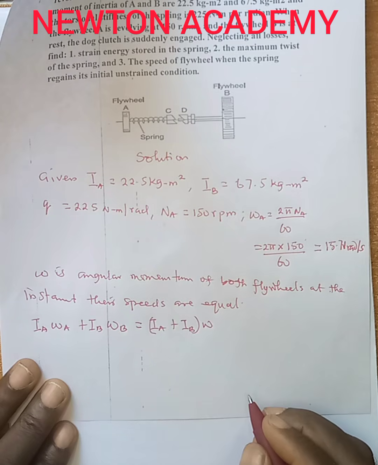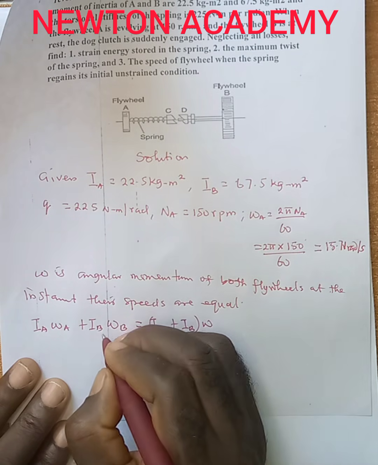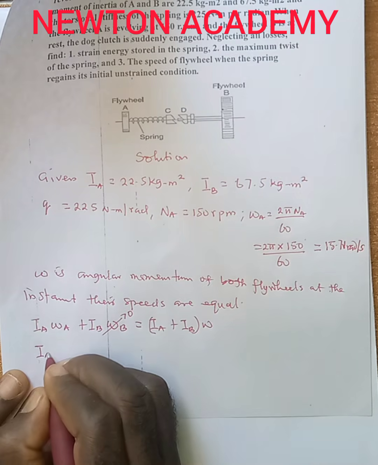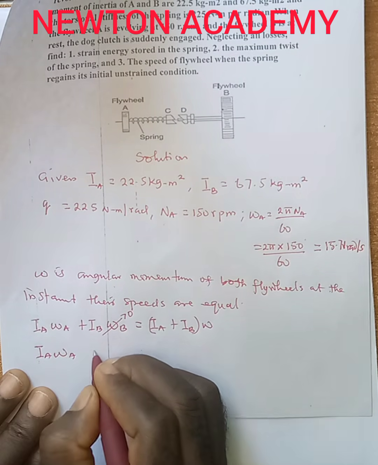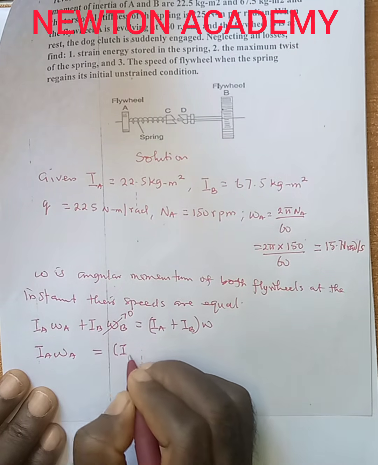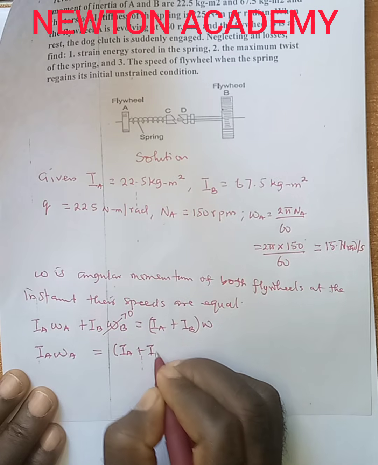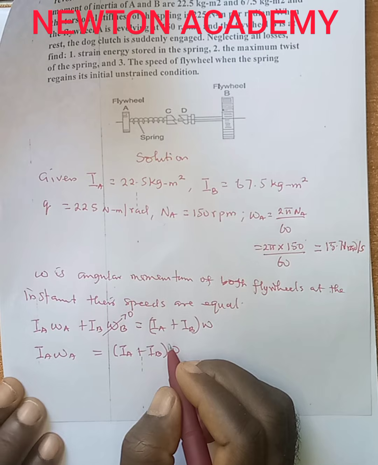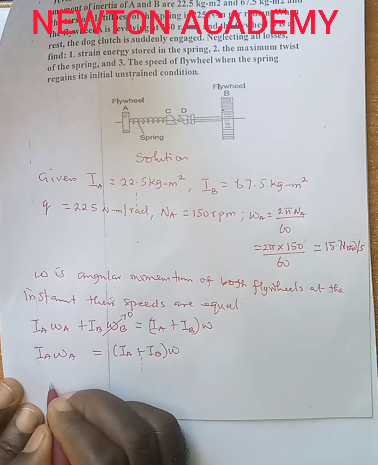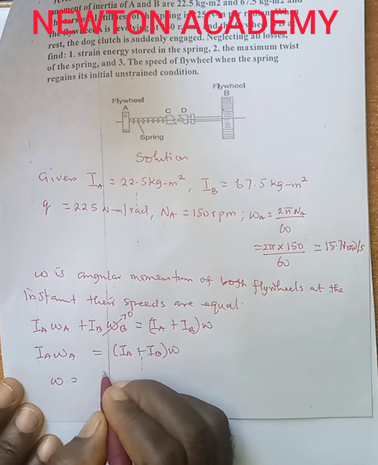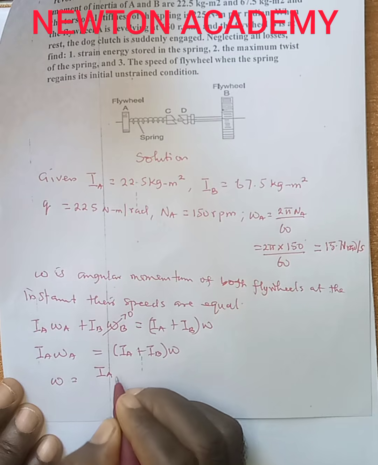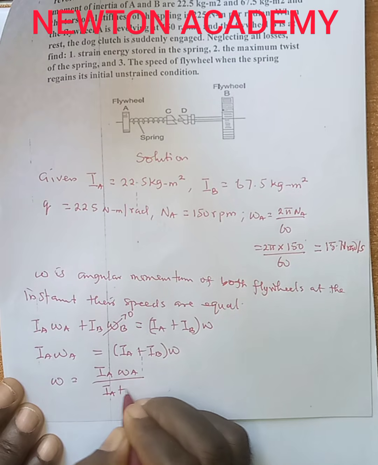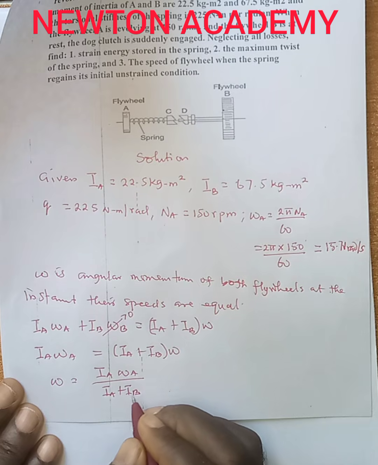But we know that flywheel B is at rest, so this will be 0. Then we now have IA omega A equal to IA plus IB multiplied by their common angular velocity. Making this the subject of the formula, we have omega equal to IA omega A over IA plus IB.